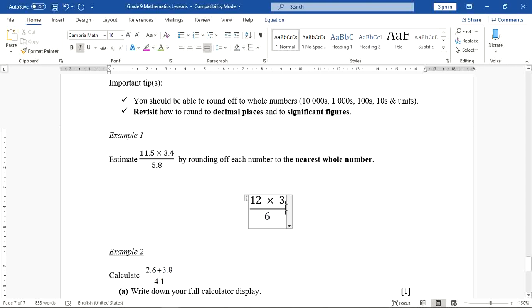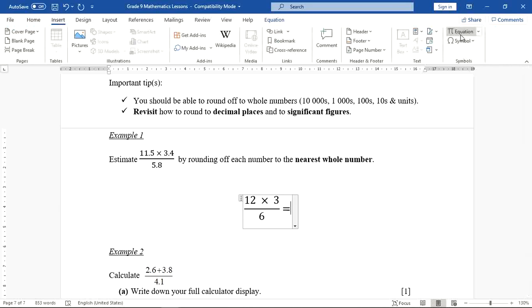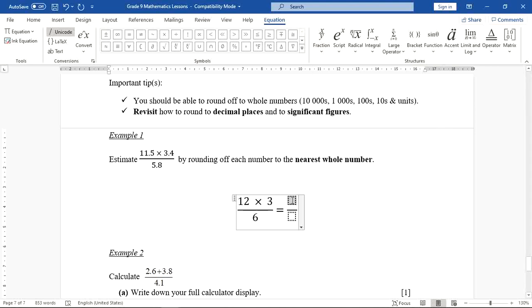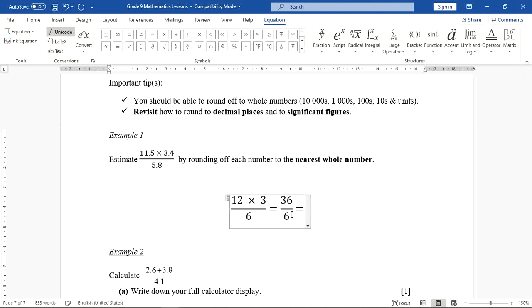So now we can simplify the top. 12 times 3 gives us 36. So we have 36 divided by 6, and that should give us a 6. If you do this on your calculator with these decimals, your answer should be very close to 6.